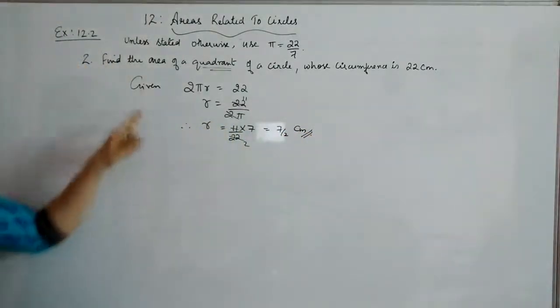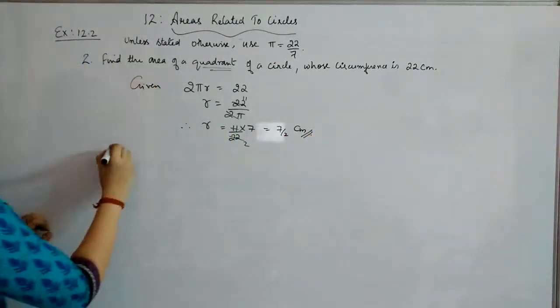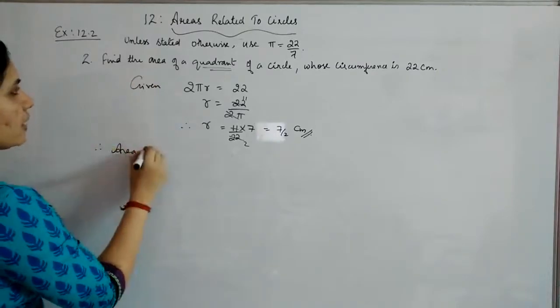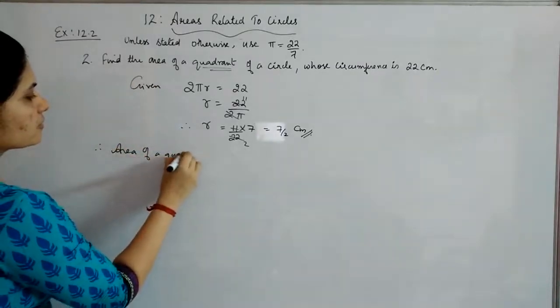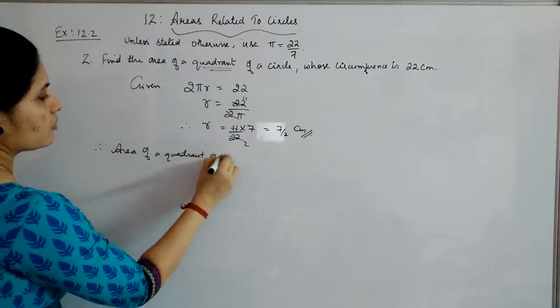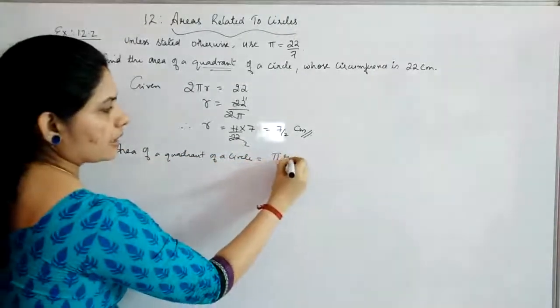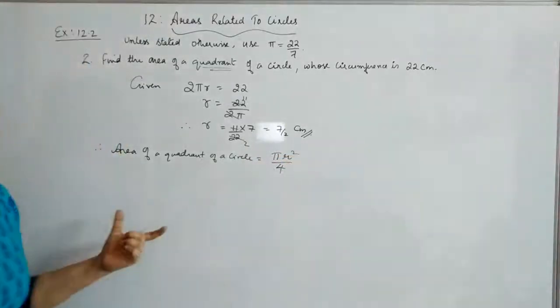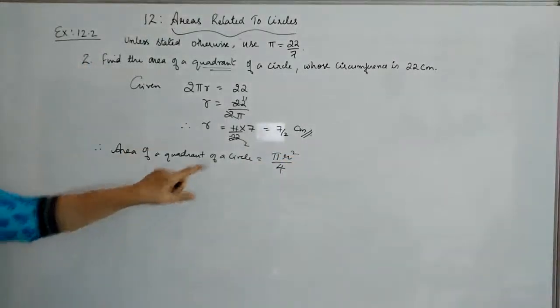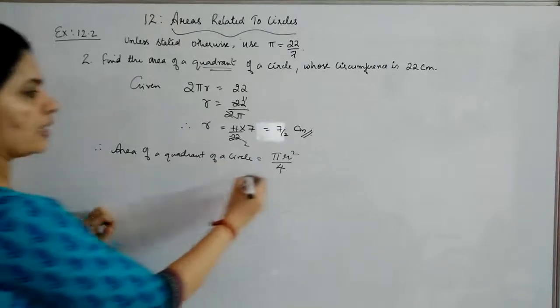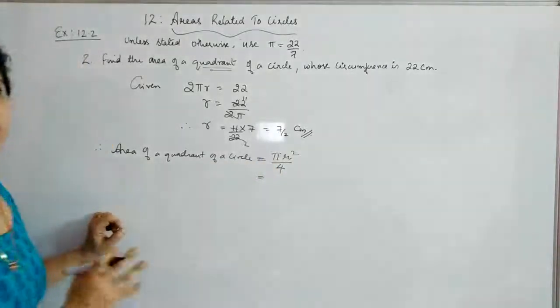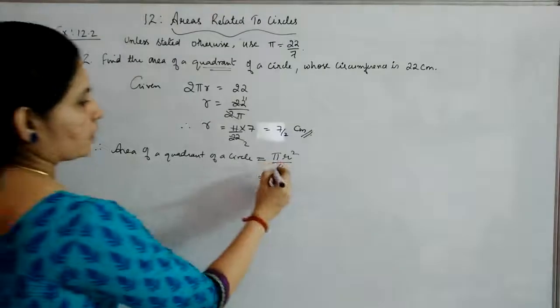Okay. Now we can go for the formula for area of a quadrant. Therefore, area of a quadrant of a circle is equal to, what will be the formula? Pi r square by 4. That is the easiest way to do. Otherwise you need to again do and reach again here. Okay, so it is a quarter portion of the total area of the circle. And what is that?